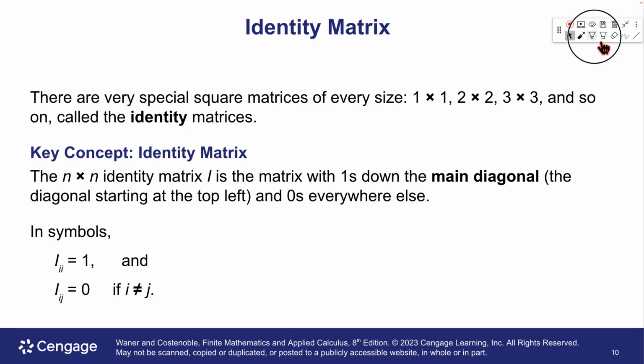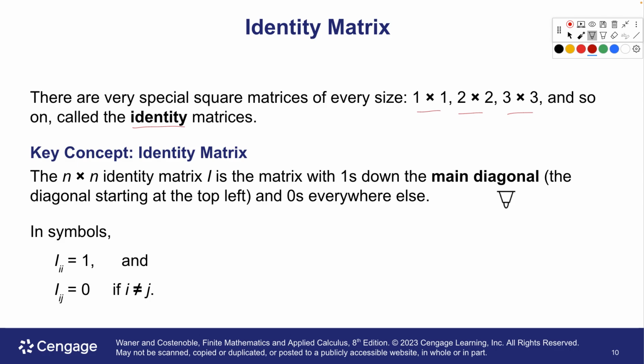So when we start talking about square matrices, of course, there are many different sizes: 1 by 1, 2 by 2, 3 by 3. And the identity matrix, well, let's just see what that is. Should that be all ones? Well, we find out that with an identity matrix, what we want is that when we multiply by anything, we get the same matrix.